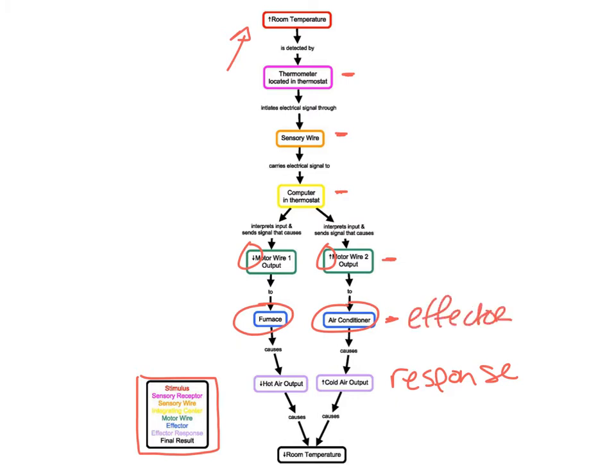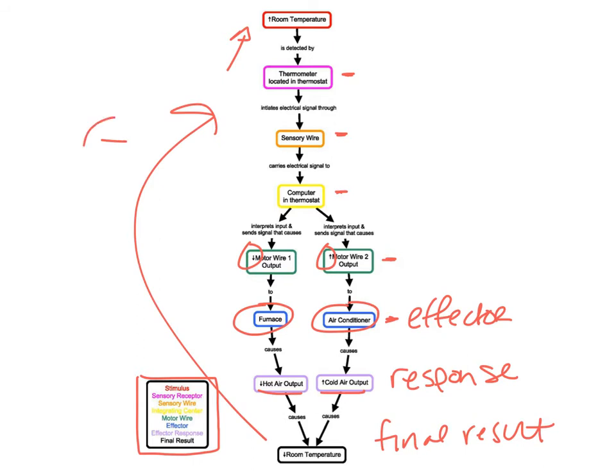The effector response is that the air conditioner is going to start putting out cold air, the furnace is going to stop putting out hot air, and our final result is a decrease in room temperature, which negates the original stimulus, and we have negative feedback.